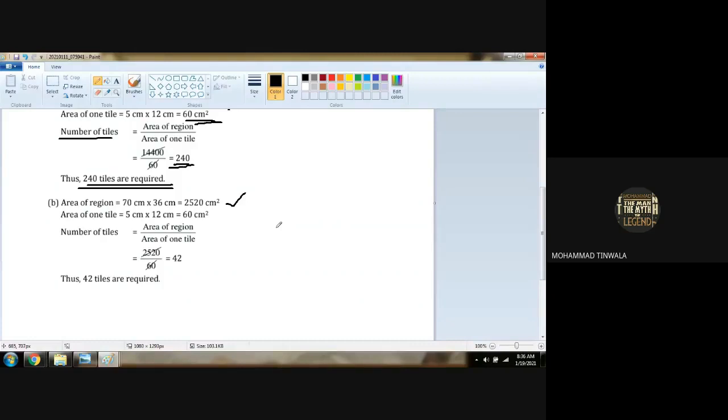Now the area of one tile, we got it as 5 into 12, 60 centimeter square. Number of tiles required is equal to area of region upon area of one tile. So 2520 upon 60, you get 42 tiles. So in the second region, we have to place 42 tiles in the given area. Anybody has any doubt with this sum?